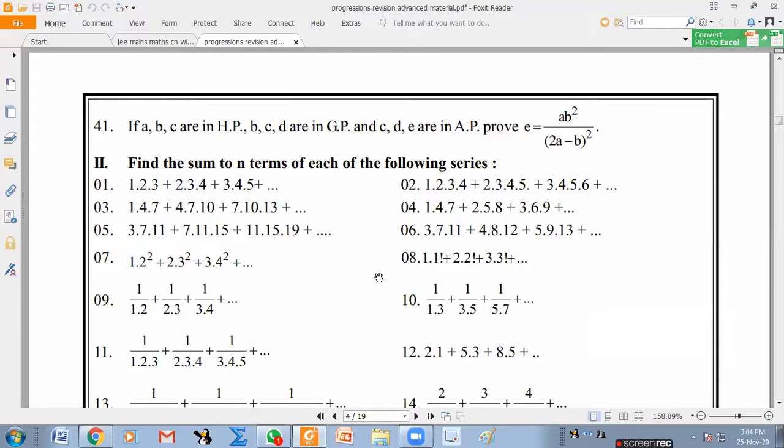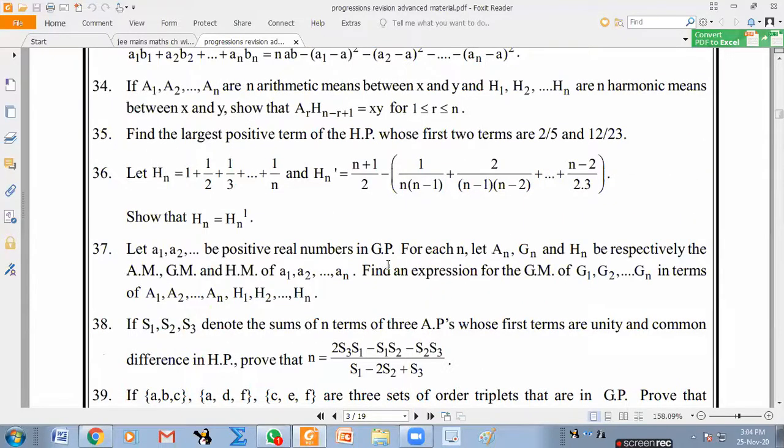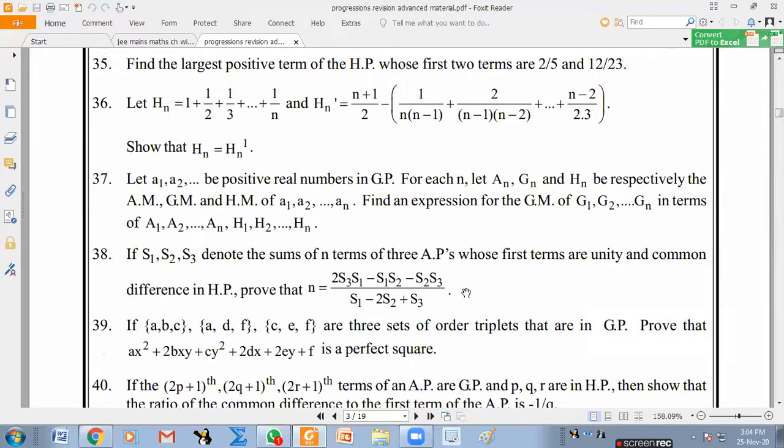Have you solved 38, sir? No, we are doing odd numbers only. Sir. What happened? Sir, I don't know that you are doing odd numbers. That's why I'm doing every question, and you are doing very fast.